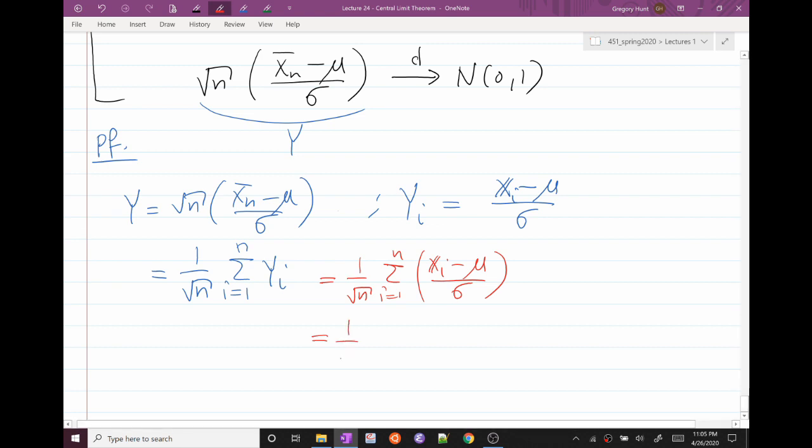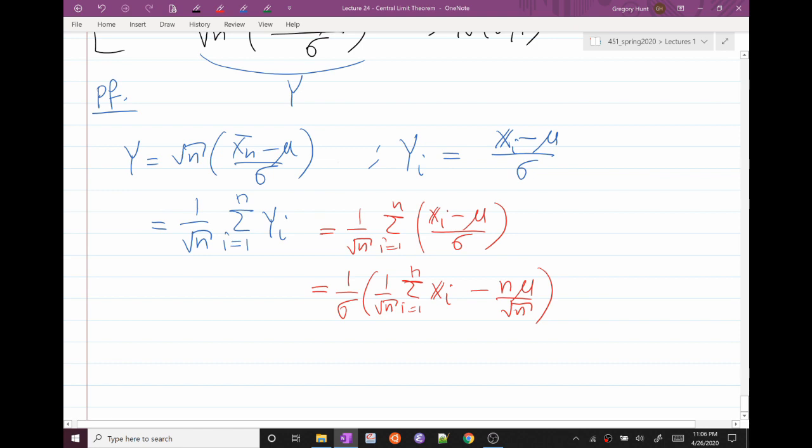So I'll pull out my 1 over sigma. I'm left over with a 1 over root n, sum i goes 1 to n times x sub i, and then I get n mu's out of my sum, and I have to divide through by root n. So this is what I get.